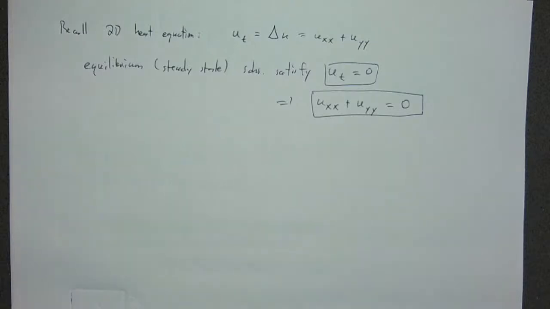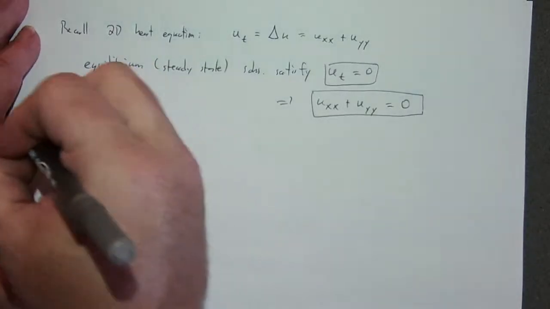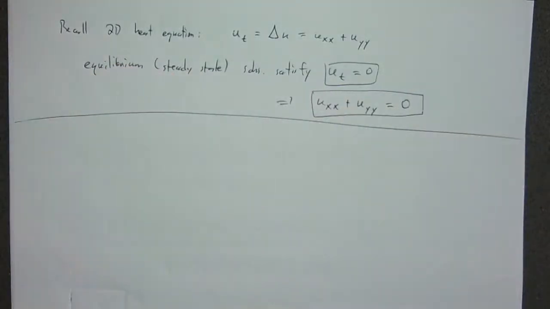Another way of thinking about this is that this is solving for equilibrium solutions, now one dimension up, for the 2D heat equation. This is one way of motivating this. There are plenty of others, but that was one way that we mentioned.